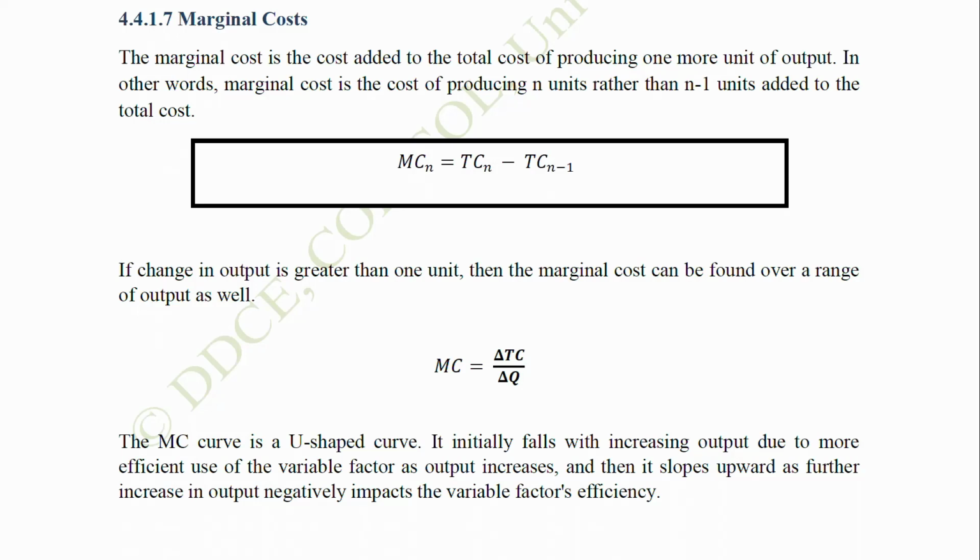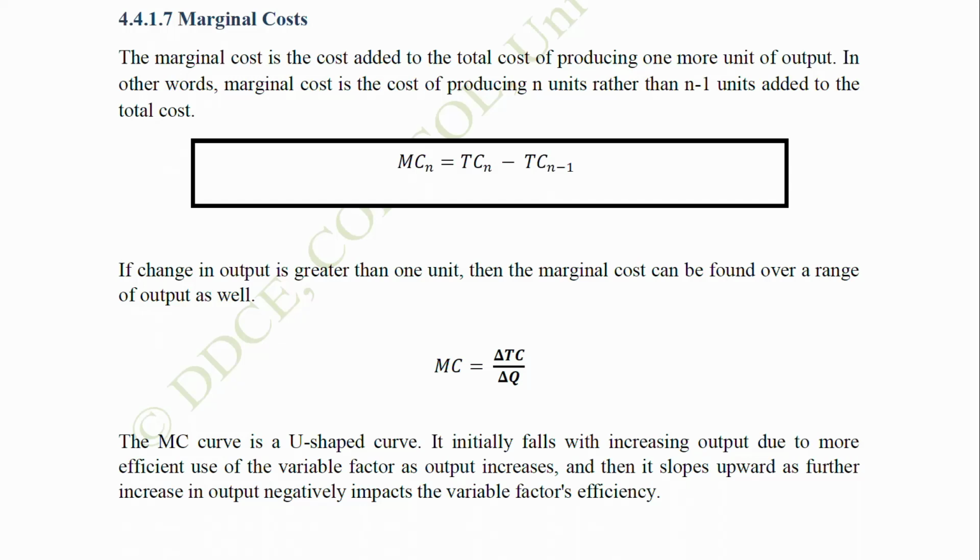So basically, marginal cost is the change in total cost due to production of one more additional unit. If the change in output is greater than 1 unit, then the marginal cost can be found over a range of output as well, where marginal cost will become the change in total cost upon change in the units of output produced.